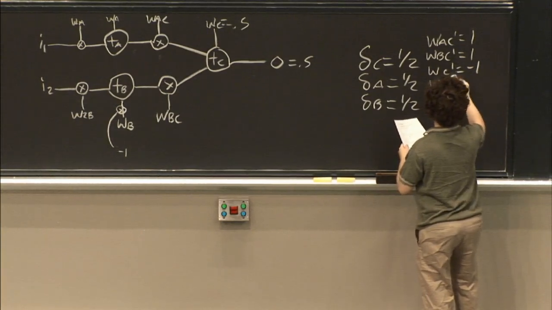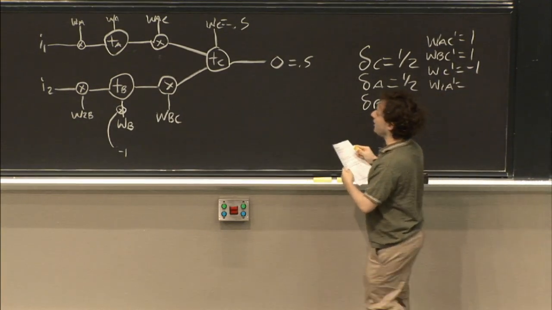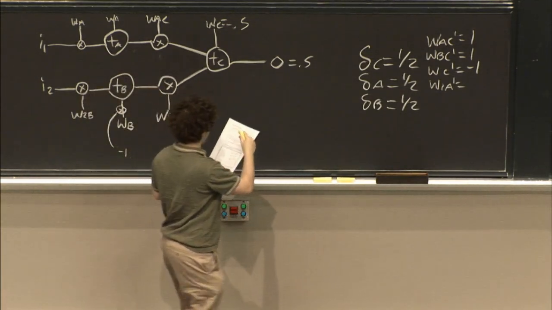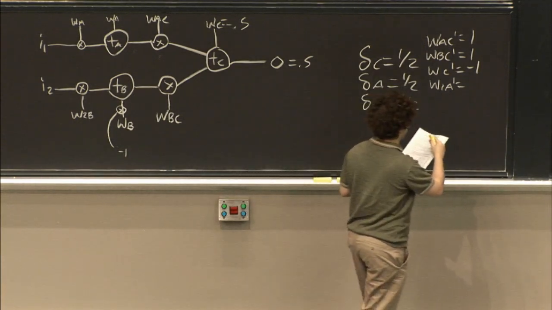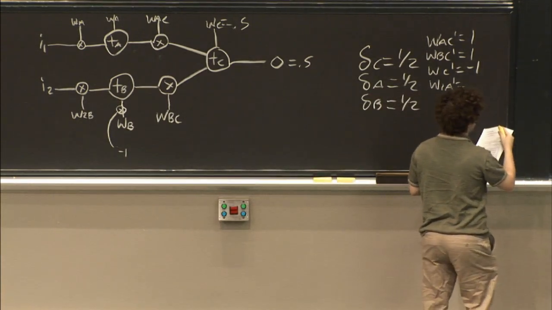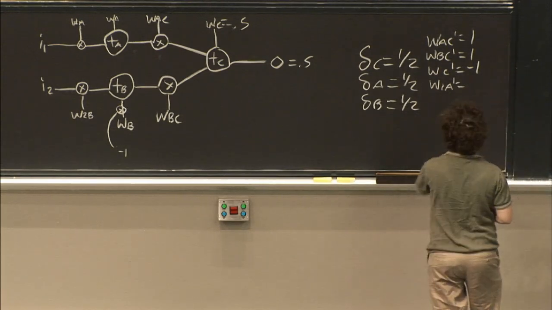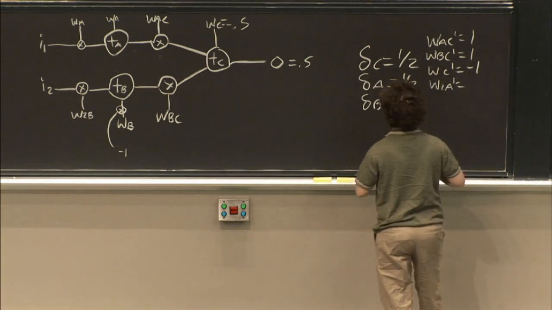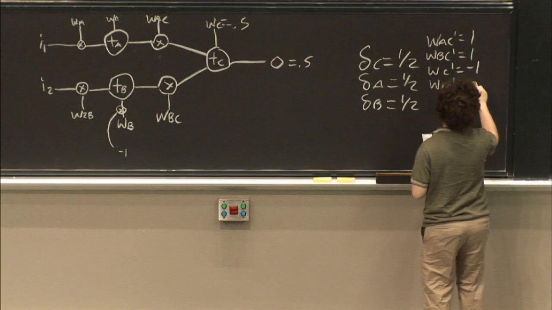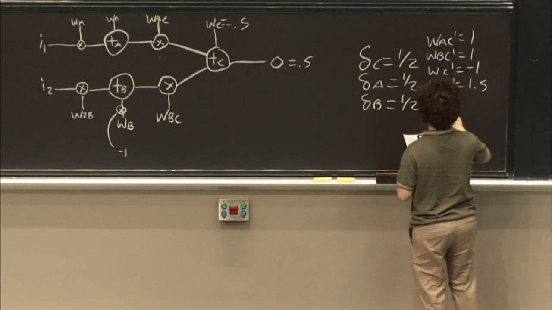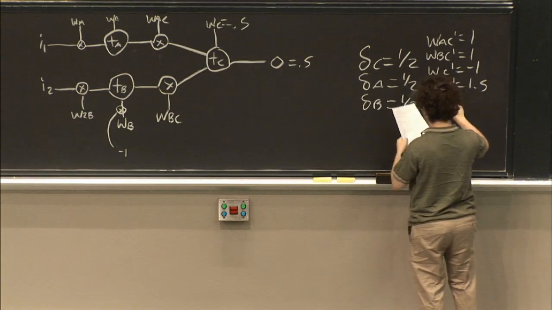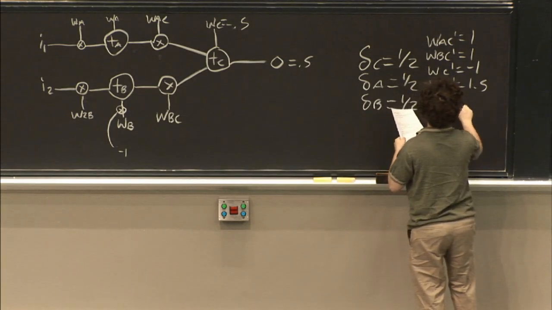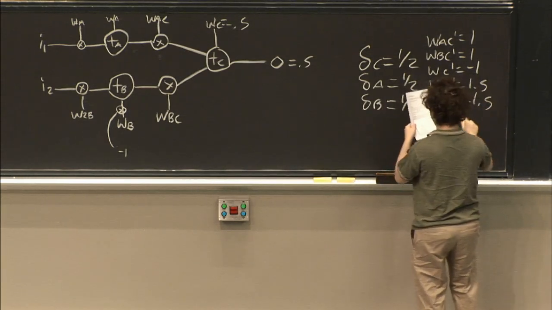W1A. Well, we've got W1A starts as 1. Then we also know that W1A is going to be equal to 1 plus 1 times the input, which is 1, times delta of A, which is 1/2. So 1.5. And since it's symmetrical between A and B, then W2B is also 1.5.